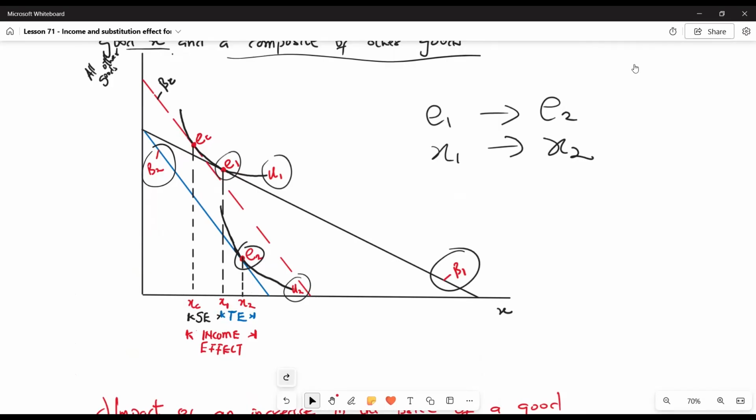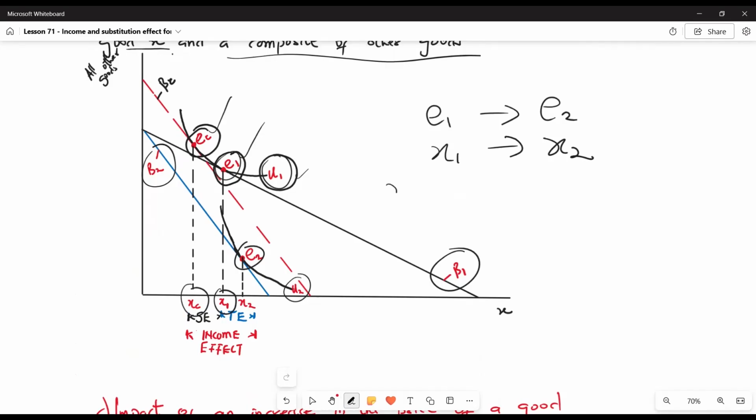We know from our previous lesson that the substitution effect is the movement from E1 to EC on the same indifference curve U1, which means that despite the change in the price, the consumer is compensated with enough income that they can still afford the same level of utility U1. So this is the pure substitution effect, and it's represented by a movement from the bundle E1 to EC, and also corresponds to a change in the quantity of good X from X1 to XC.